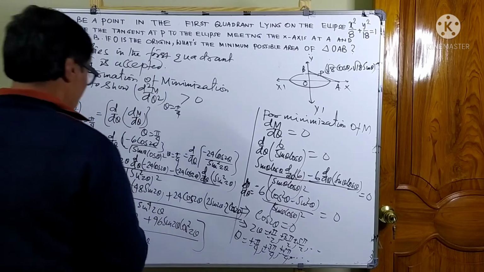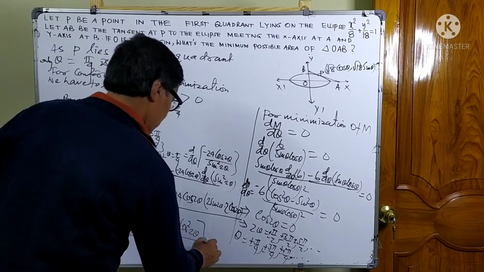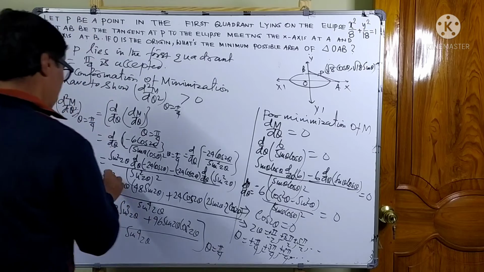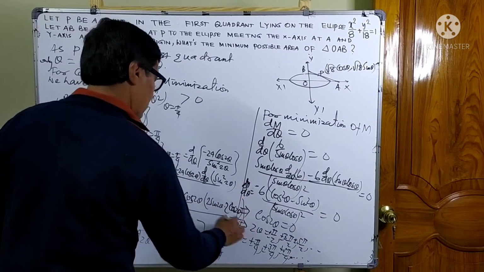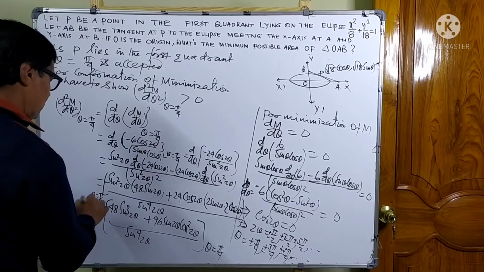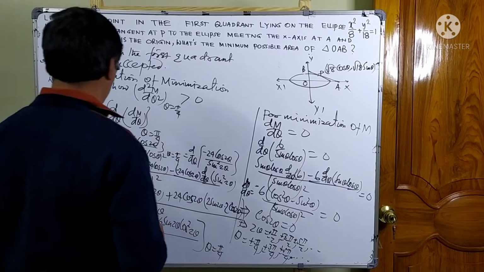And also we have to find the value of this quantity at theta equal to pi by 4.